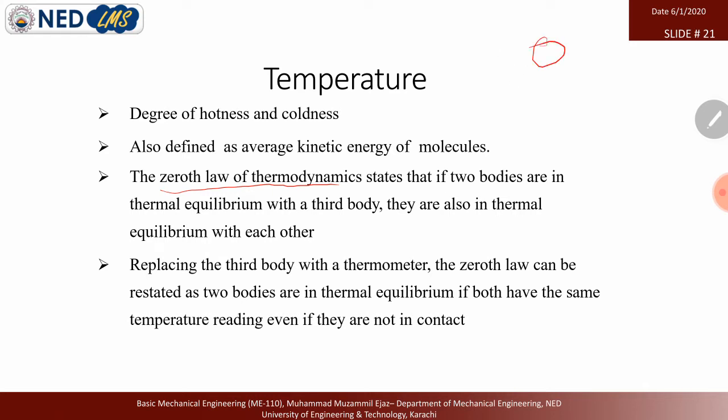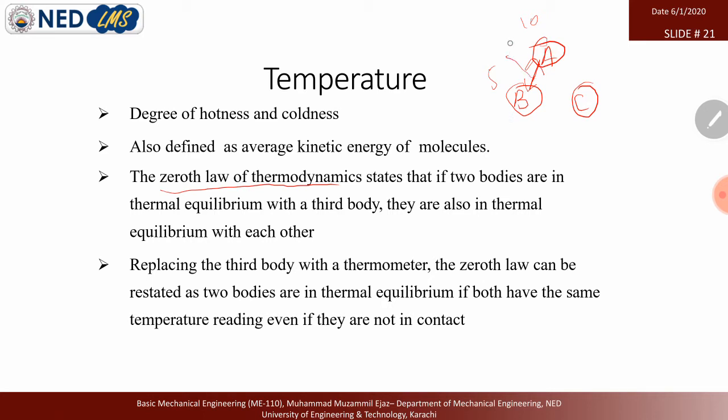Let's make three bodies: body A, body B, and body C. To understand the zeroth law of thermodynamics, let's make three objects A, B, C. If two bodies are in contact, and they have different temperatures, like 10 and 5 degrees, there is a net heat transfer from 10 to 5, because heat flows from high temperature to low temperature.